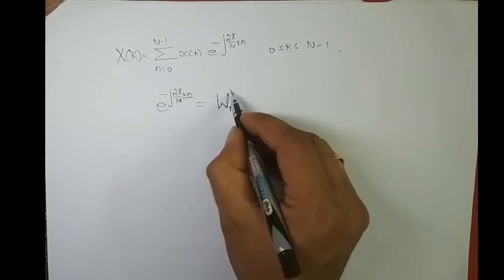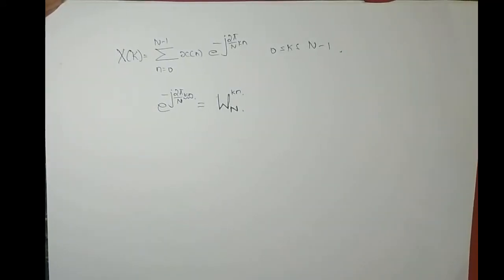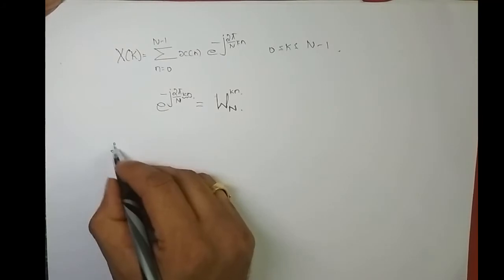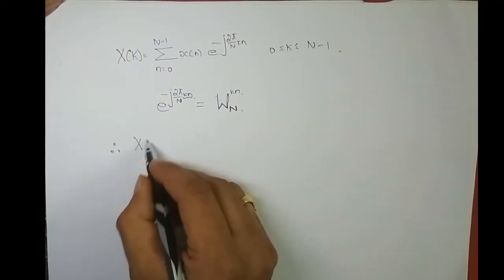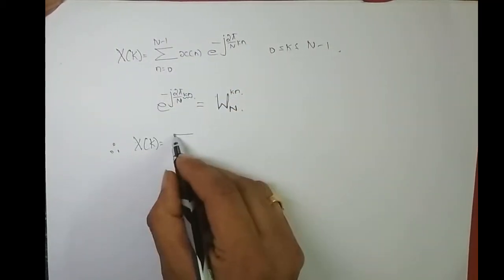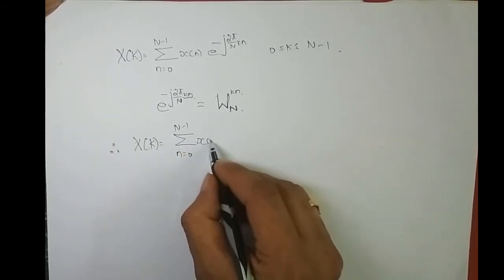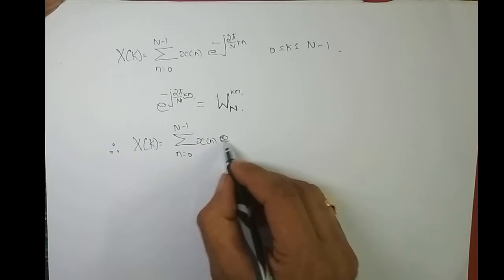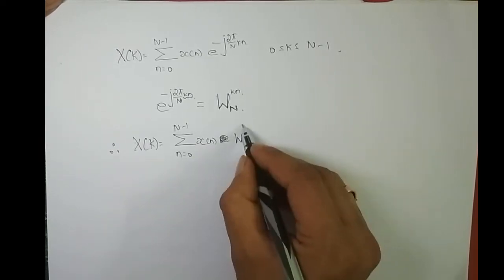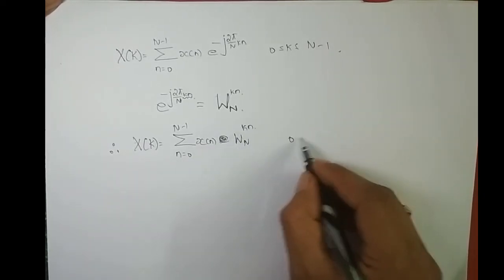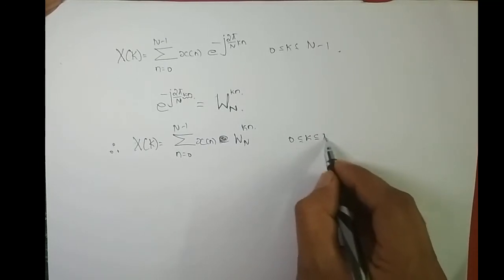It is nothing but W n power kn. Therefore, I can write this formula in terms of W as x of k is equal to summation n varying from 0 to n minus 1, x of n into W n power kn, where k is varying from 0 to n minus 1.